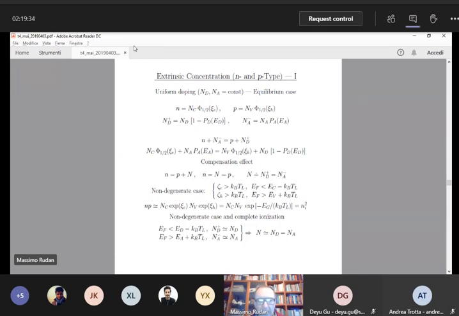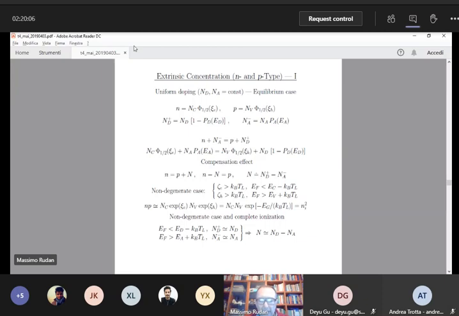Okay, so N is defined as ND plus minus NA minus. Depending on the concentration of the dopants, this capital N may be either positive or negative. If the donor concentration prevails, it is positive. If the acceptor concentration prevails, it is negative.